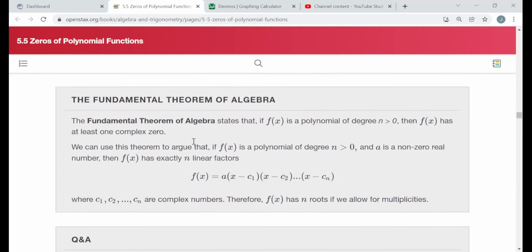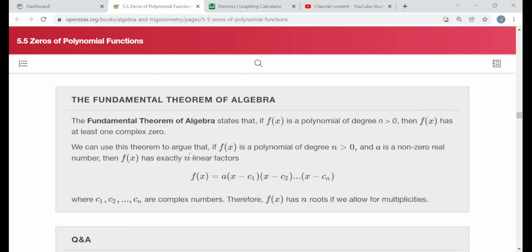And they state it again down here a little more in depth. The fundamental theorem of algebra states that if f of x is a polynomial of degree n, then f of x has at least one complex zero. And then you can extend this. This is called a corollary to the fundamental theorem of algebra.